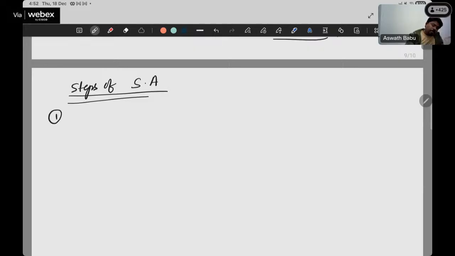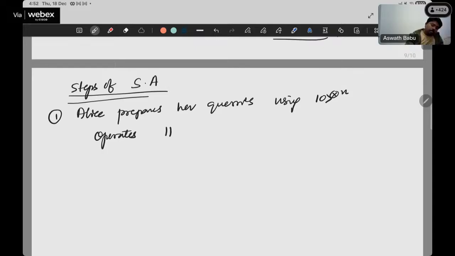Number one, Alice prepares her queries using n 0 qubits in n states and operates n Hadamards.